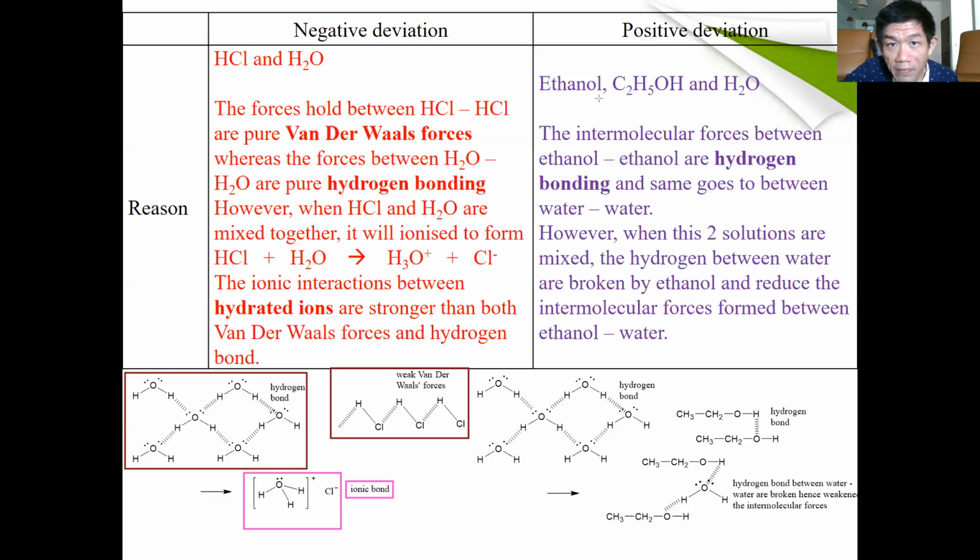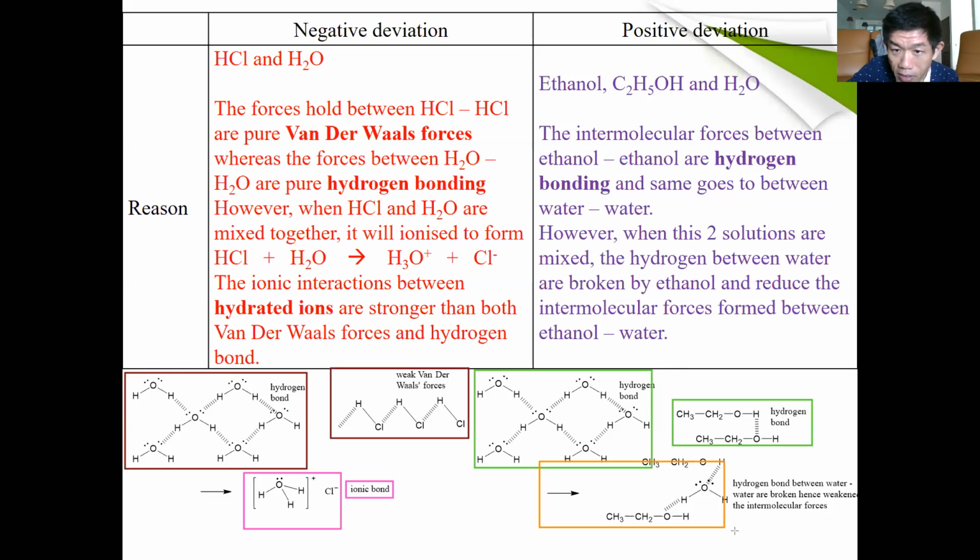Whereas for positive deviation, if you notice carefully about the intermolecular forces that take place inside water, it is still a hydrogen bond. And actually, not only water has hydrogen bonding, alcohol also exhibits hydrogen bonding respectively. However, when you mix the water and alcohol together, you can see that it breaks the hydrogen bonds inside water.